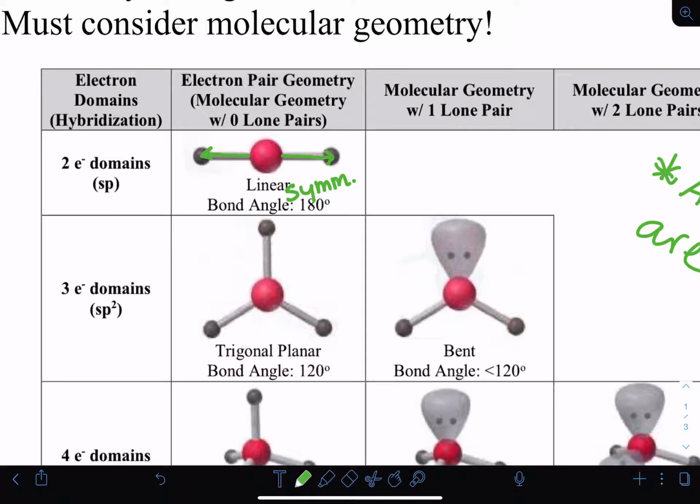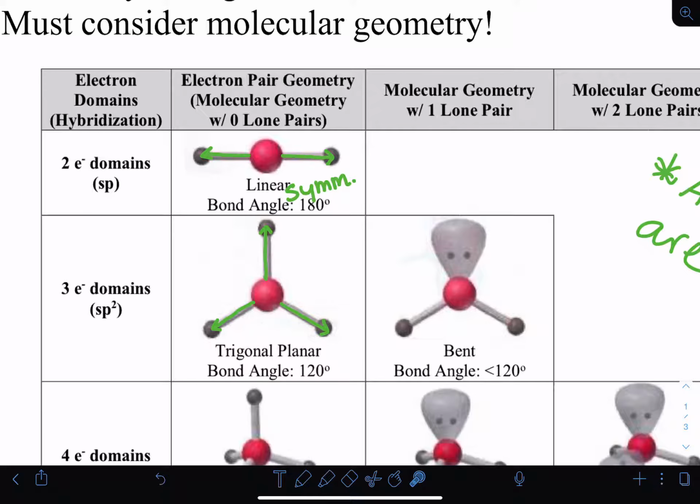Similarly for trigonal planar, this one's a little bit less obvious, but we have one that points straight up, one that points down and left, one that points down and right. So the up from this one kind of cancels out with the down from these two, and the left of this cancels the right of that.